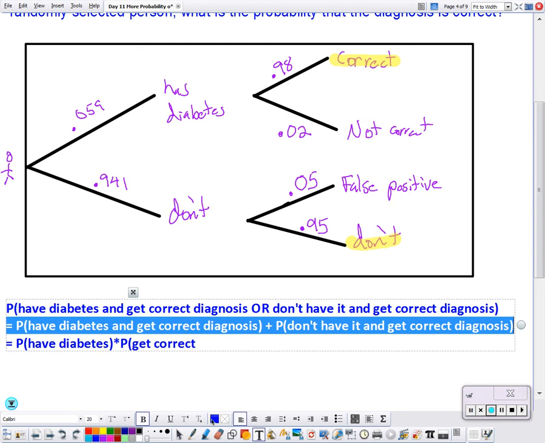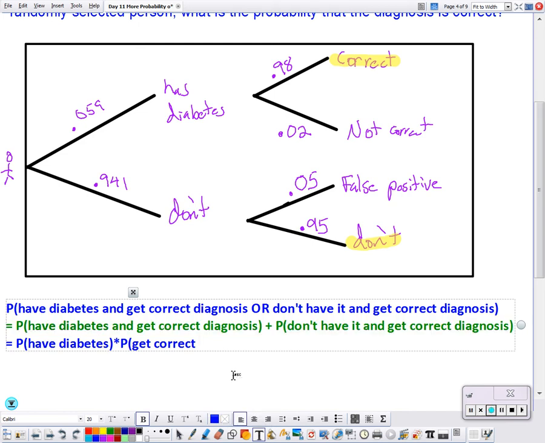Let's just change the color, make that a little easier to see. And we're going to add to that the probability that you don't have diabetes, times the probability that you get the correct diagnosis given that you don't.